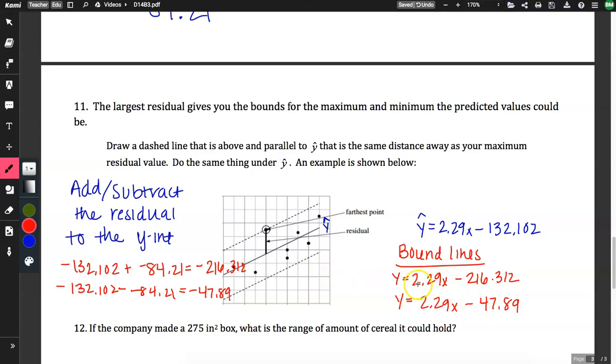The bound line with the lower y-intercept is right here, so I'm going to call it number 1 just to make it easier. And this bound line's at the top. You can see on the image this vertical distance here. That's the 84.21. That's how long that little segment would be. So those two bound lines are giving us our range.